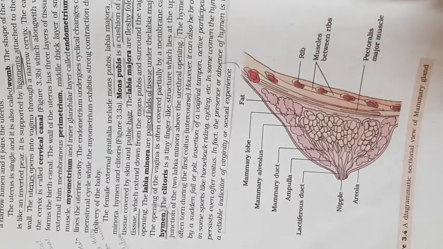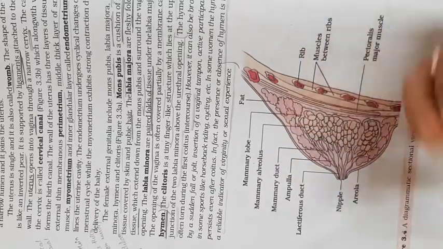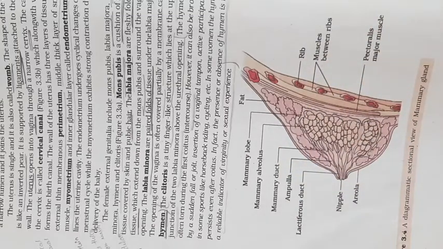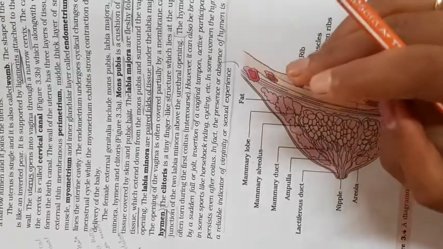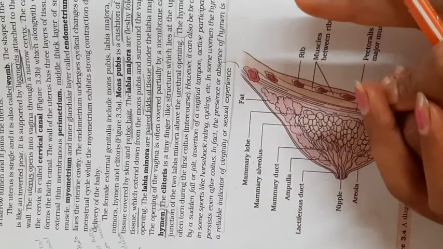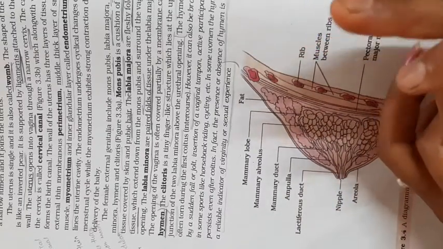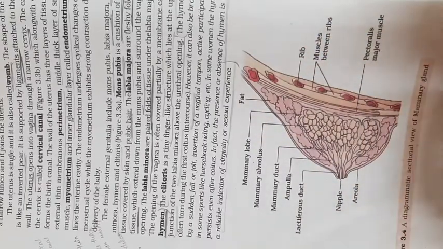We have already completed 50% of the 3rd chapter. In that portion, we mainly discussed the male reproductive system and the female reproductive system. In the male reproductive system, the testis structure and the male reproductive system diagram are very important.